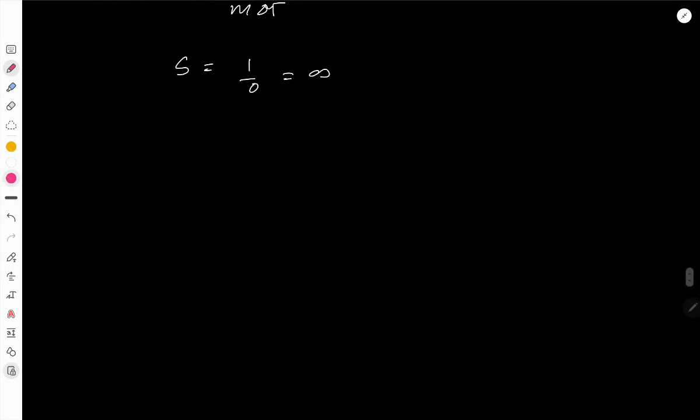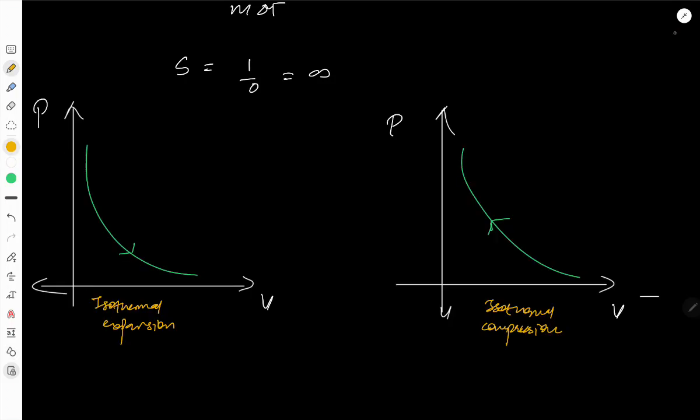Another graph now I'll be drawing. And then the isothermal expansion you need to know is that isothermal expansion has this particular graph, and isothermal compression has this kind of graph.